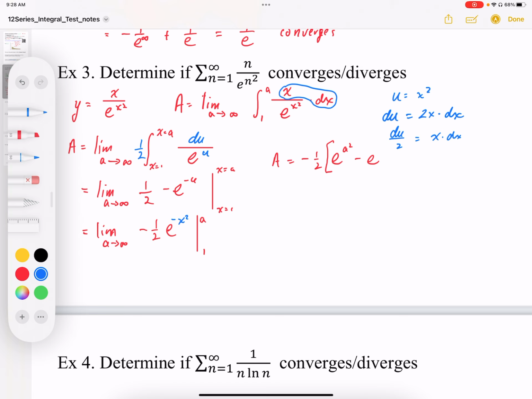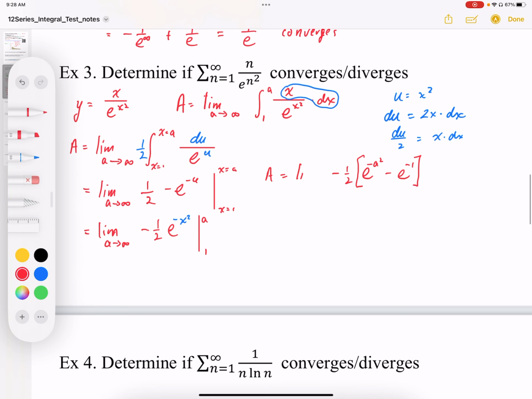This is going to be a negative power there, so it's going to be negative a squared and negative 1 squared. So we're going to express this in the denominator, and I need to make sure that I keep my limit here. I need to write my limit in since I haven't done my limit yet.